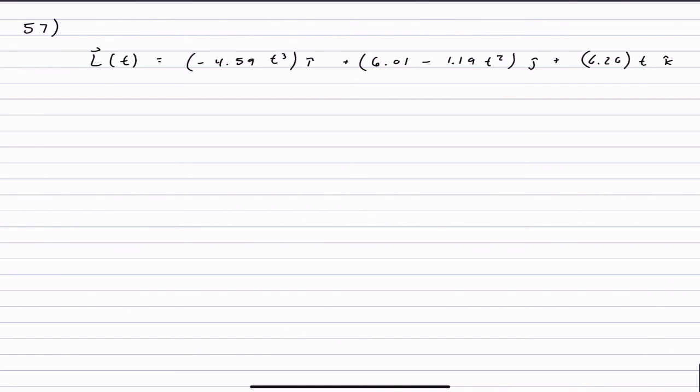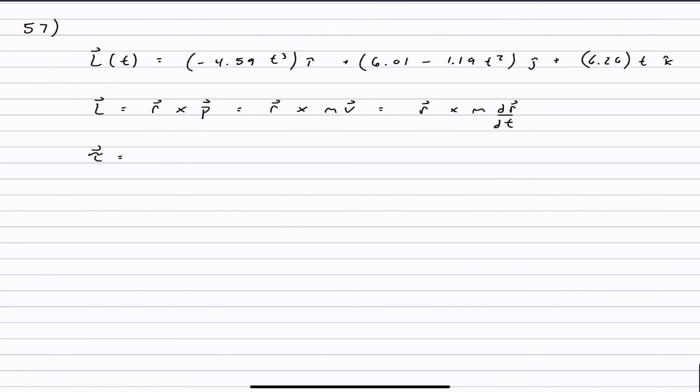So let's look at the relationships we have once again, as we like to do. L is r cross mv, which is your velocity vector, right, which is going to be r cross m dr dt, right? Now, what is torque?